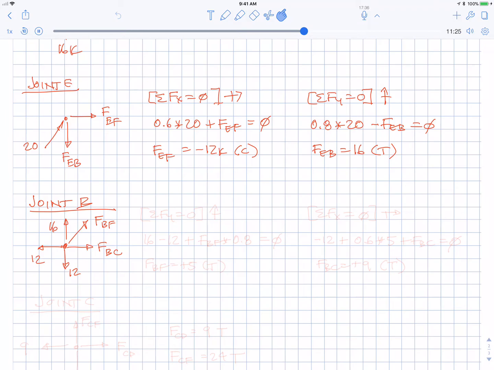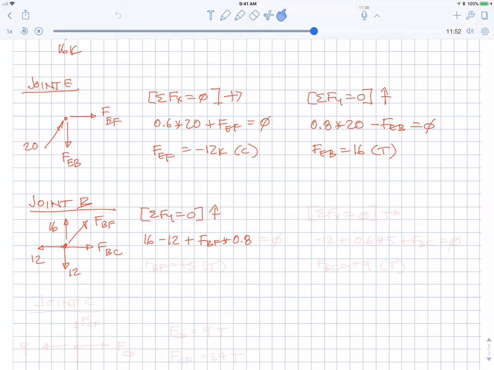So I'm going to do the y component first because it only involves 1 unknown. So let's do sum Fy equals 0, up as positive. We have that 16 going up, that 12 going down, and the y component of FBF is 0.8 times FBF because it's a 3, 4, 5 triangle.